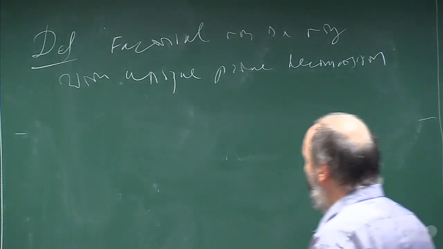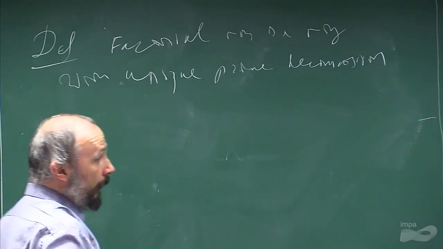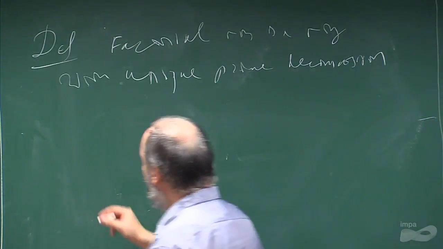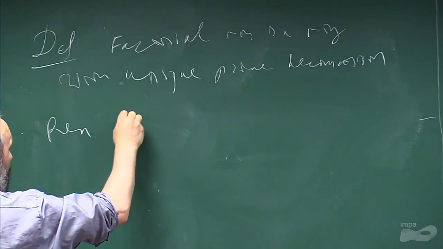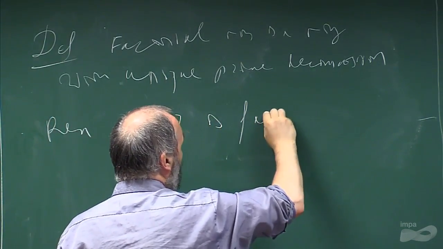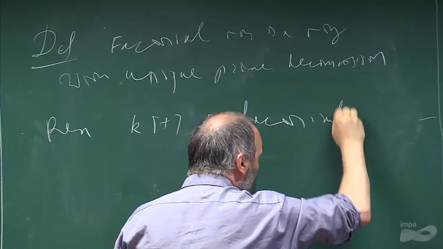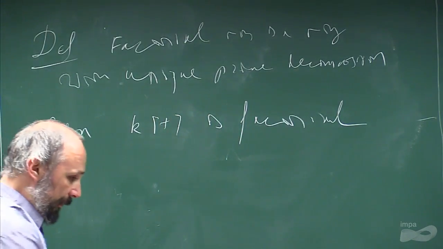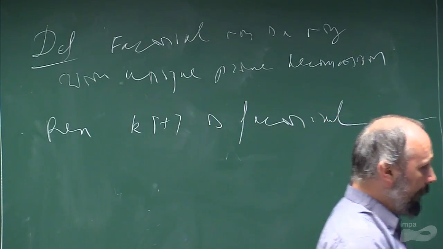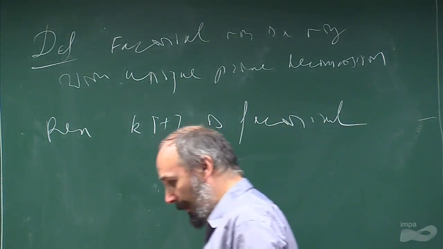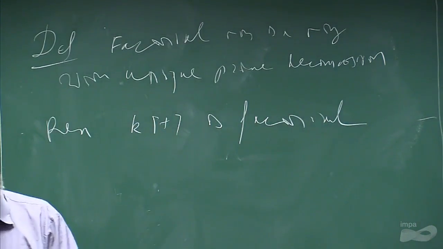Okay, but since we have the Euclidean algorithm, this simple argument implies, remark: the polynomial ring K of t is factorial, because it's a principal ideal domain. So every two elements have a canonical greatest common divisor, and this gives you a prime decomposition for any element.